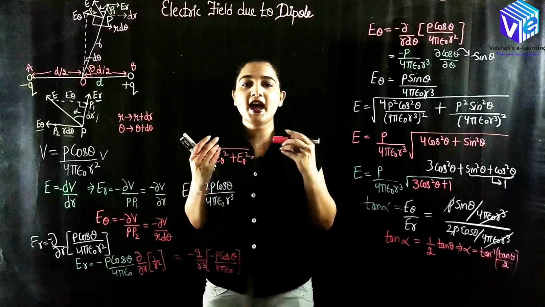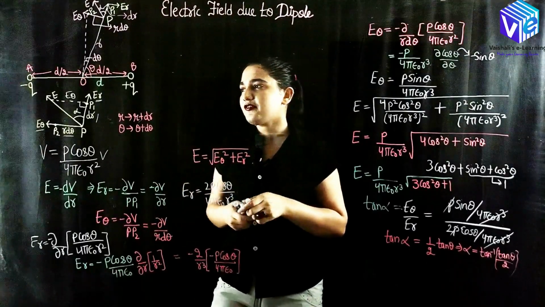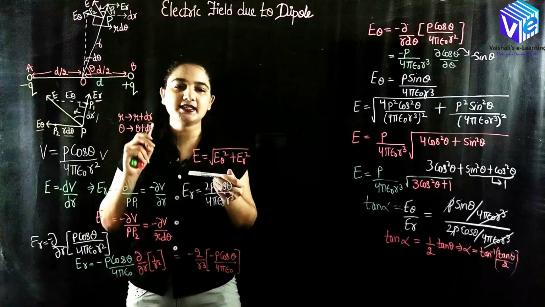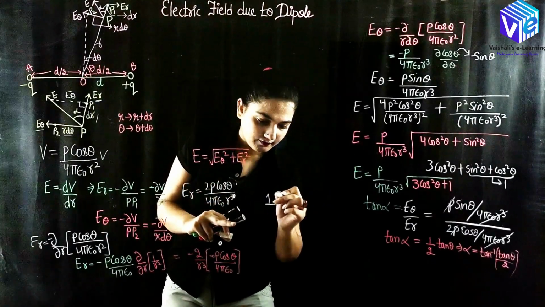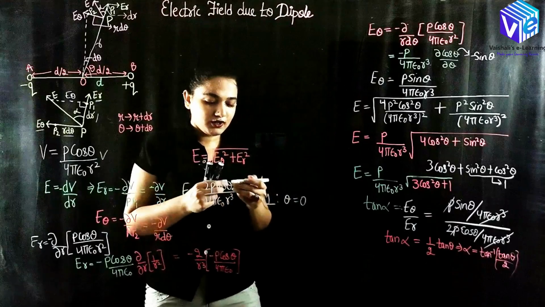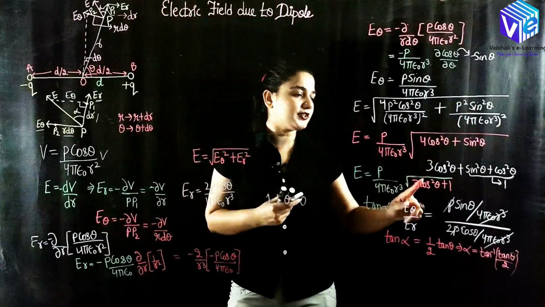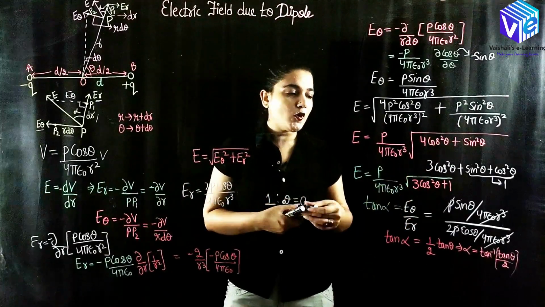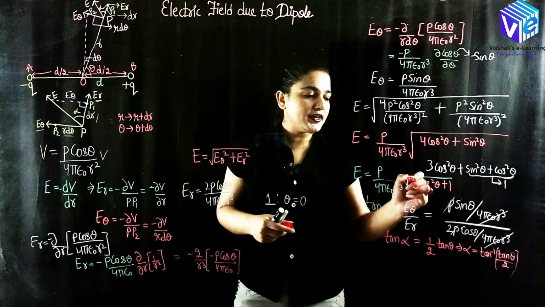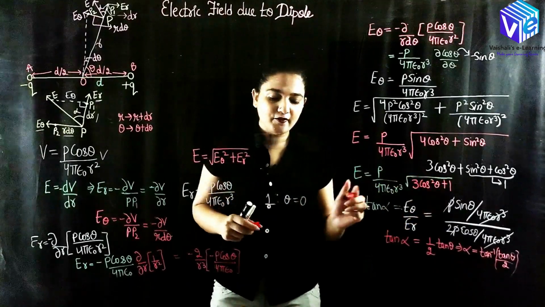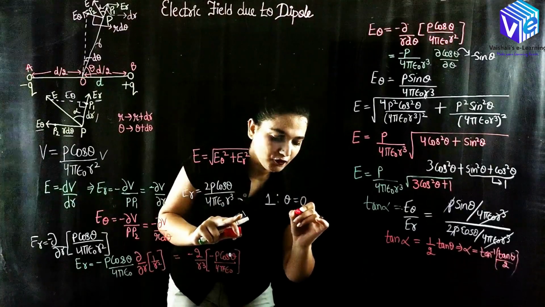Okay, so now we can have two cases. The first case is when theta is 0. So when theta is 0, let's put theta equal to 0 here. What will be the output? Cos of 0 is 1, so under root 3 plus 1 will be 4, and under root 4 is 2.